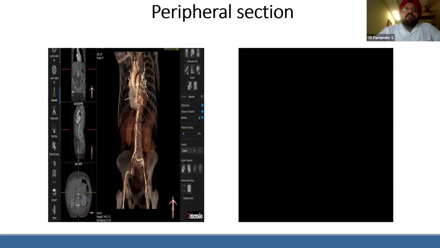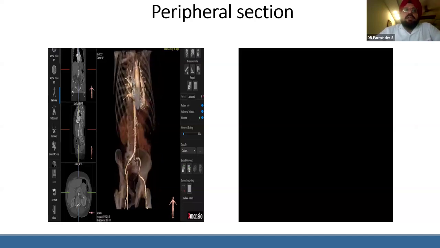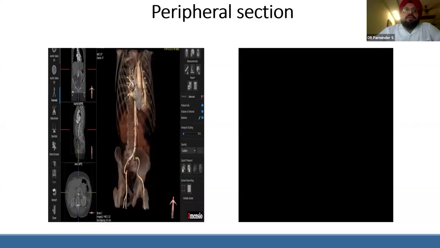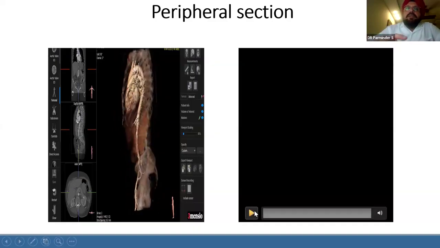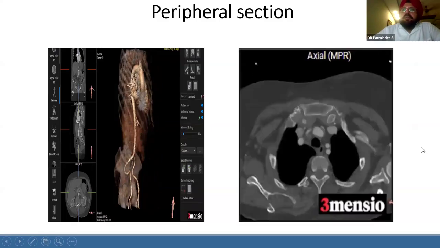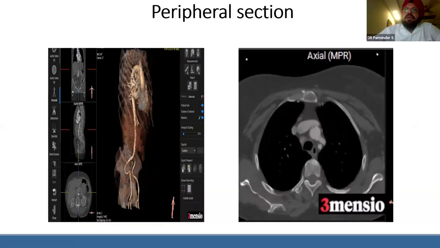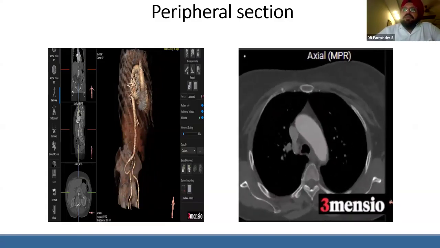So this is the peripheral section, we all know. We need to see from the aortic root to the bifurcation, and always go through the cross-sectional images, the transverse plane, from the descending aorta down to the bifurcation. Always do this.